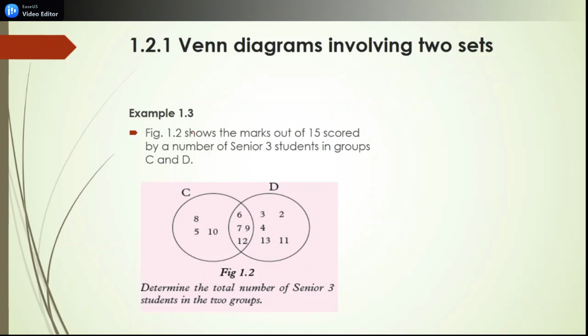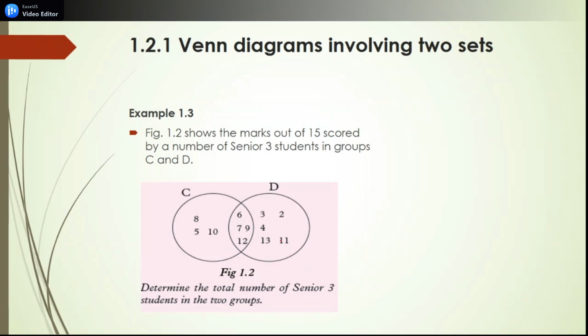Example number 3. Show the marks out of 15 scored by the senior 3 students in groups C and D. You have marks 8, 5, 10, and so on. In the intersection you have 6, 7, 9, and 12. You are asked to determine the total number of senior 3 students in the two groups.